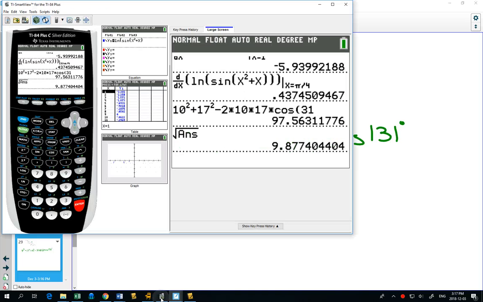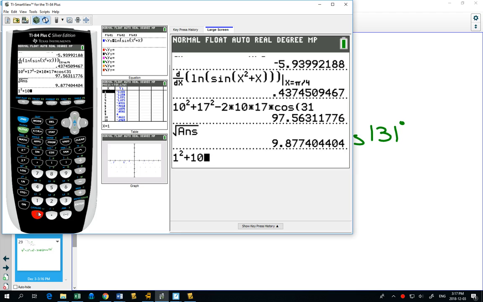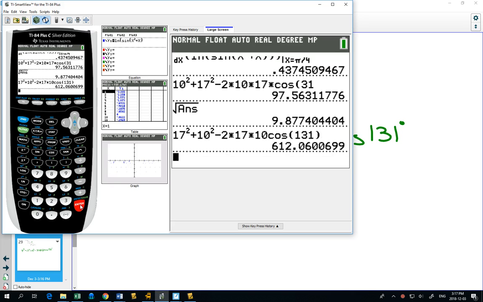Once again, we can type this whole thing into our calculator. 17 squared plus 10 squared minus 2 times 17 times 10 cos of 131, and we get 612.06.